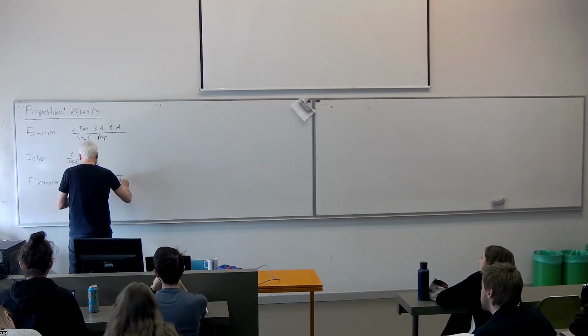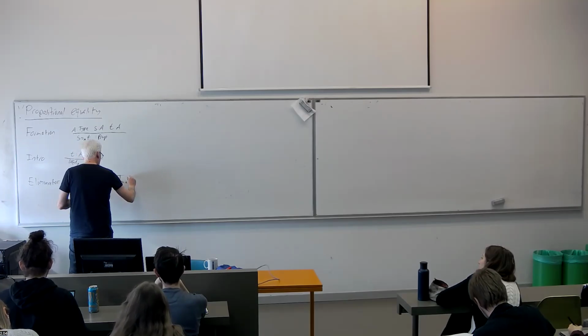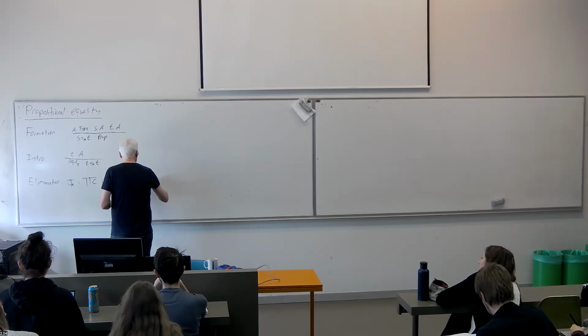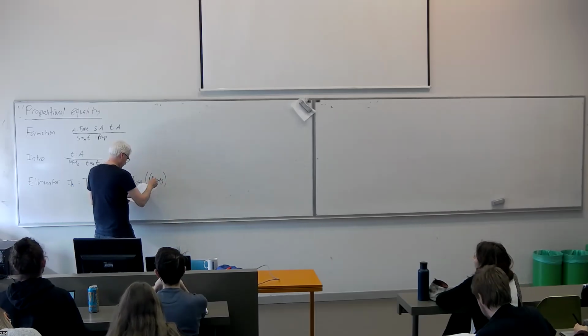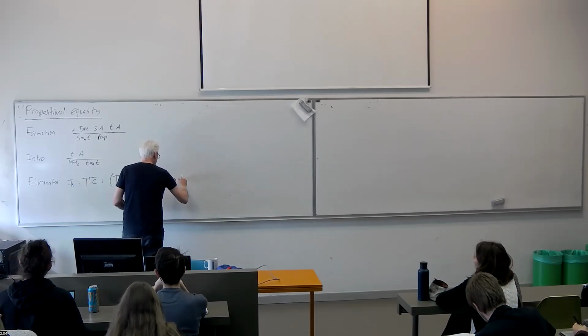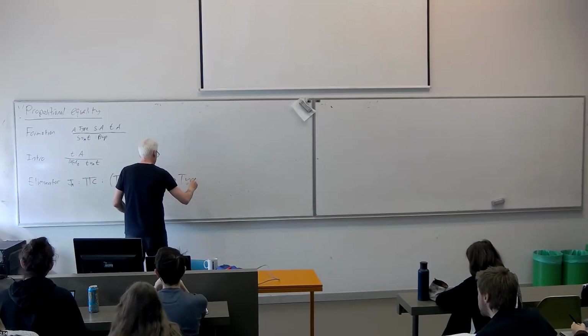So we need to have an X in A and a Y in A, and then it's indexed by the equality type. So it's a family.